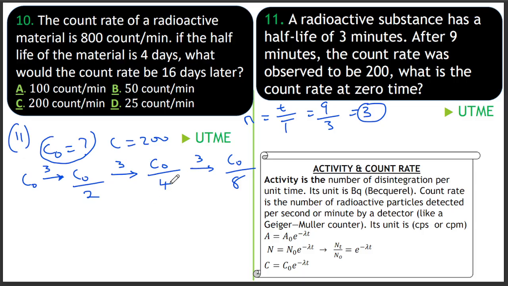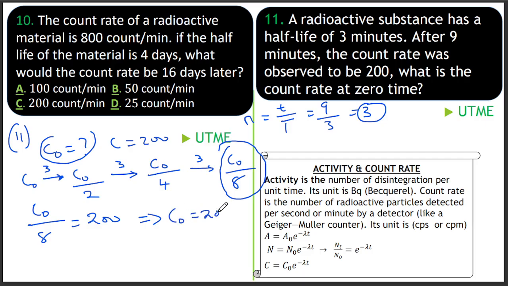Is that okay? All right. So having got here, I know that this is equal to 200. So C naught over 8 is equal to 200. So that means that C naught is equal to 200 times 8, which will give me the same 1600.